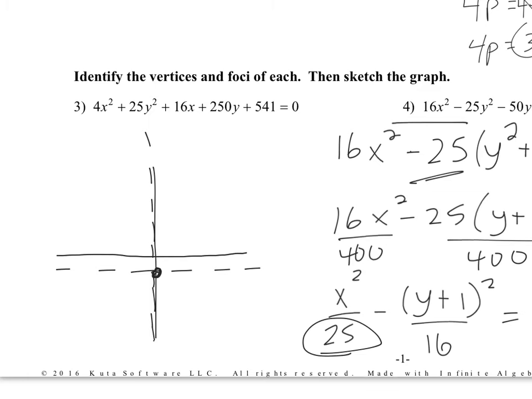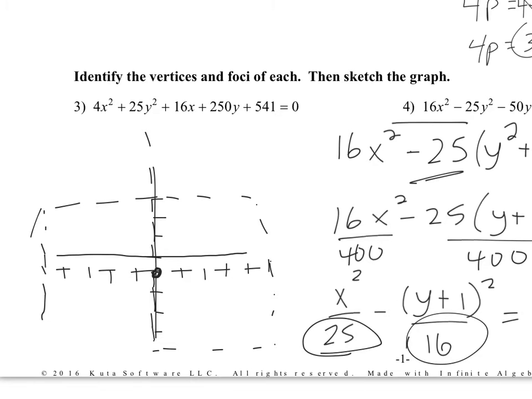And this number is associated with the x variable, so we're going to go out 5 units in the x direction. And then since this is associated with the y variable, we're going to go up 4 units and down 4 units in the y direction, and then use that as dimensions for the central box.